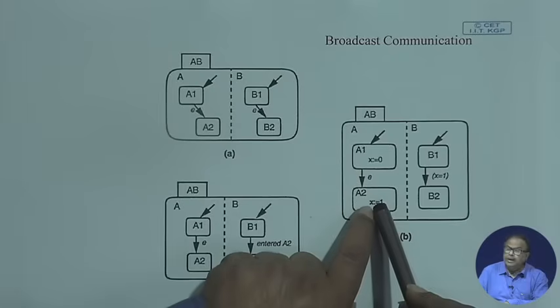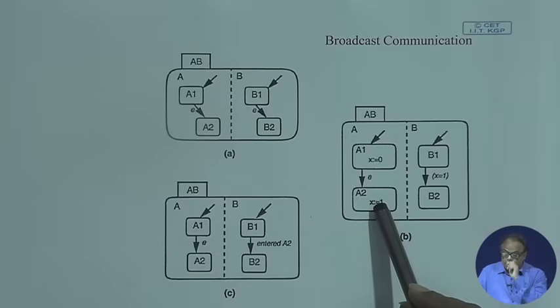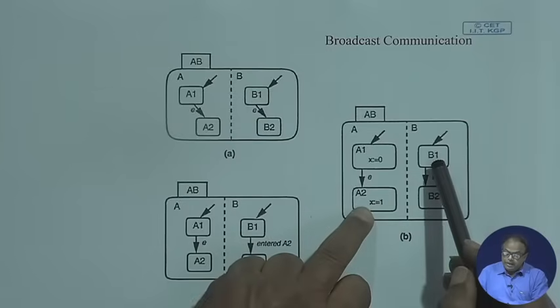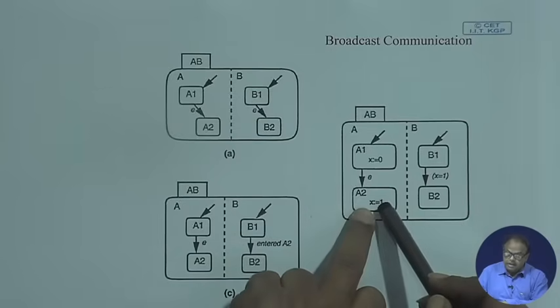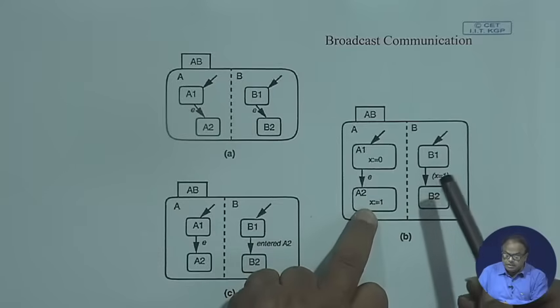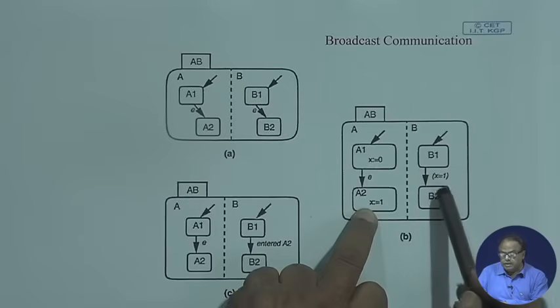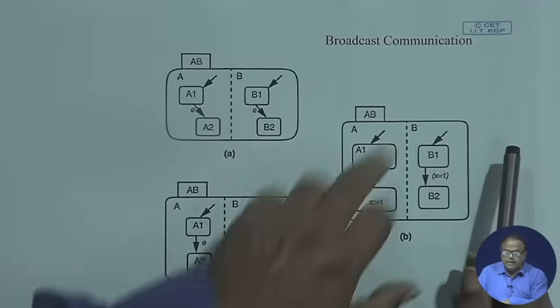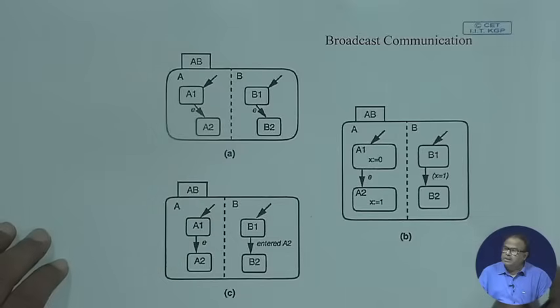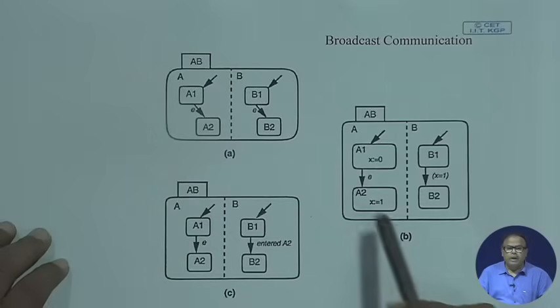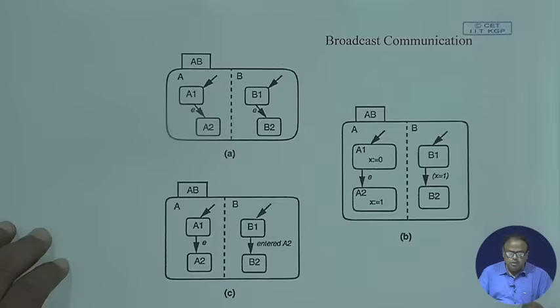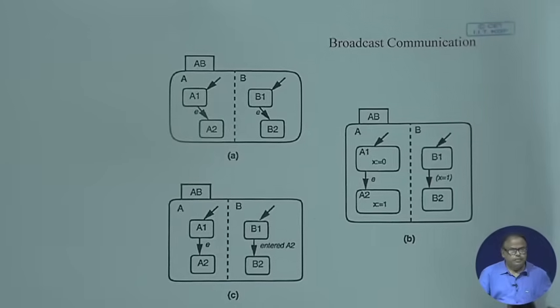Here I carry out some assignment, still that is not reflected in the next cycle. It will be seen that X is equal to 1, then my state will be A2 B2, because this transition is on data X. So, that is what is meant by broadcast communication, and this is also in a way handling synchronization, which we will see soon.